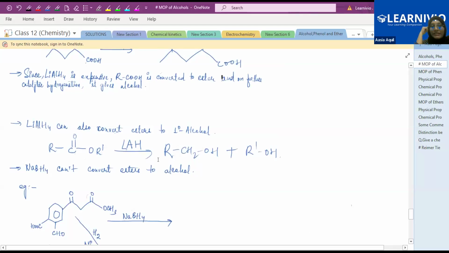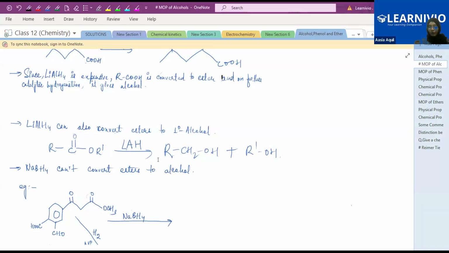One more thing, because this lithium aluminum hydride is quite expensive, when we prepare the alcohol commercially, we don't use lithium aluminum hydride. First we convert the carboxylic acid to an ester, and then further catalytic hydrogenation, because catalytic hydrogenation of the ester we can do, right?